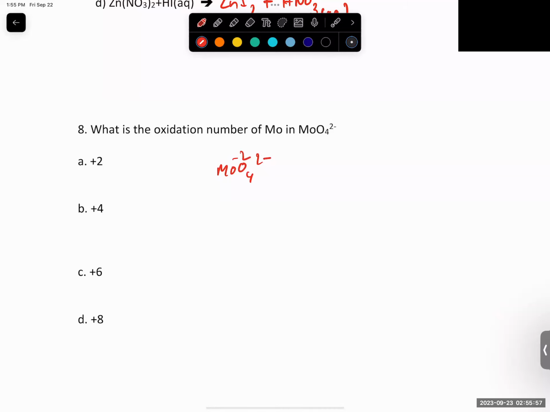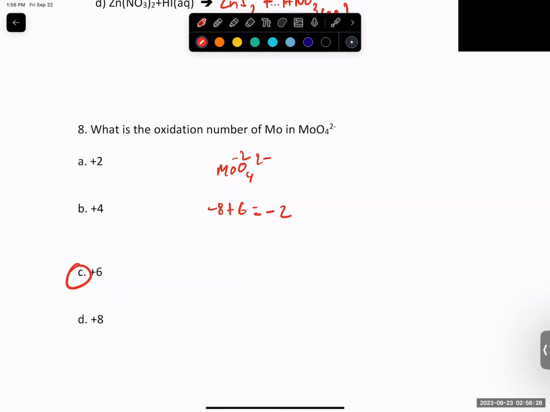What is molybdenum in this case? +6. Why is it +6? Because the oxygen is -8, and with +6 you get -2. Yeah, it has to add up to -2 basically, right? So you have -8 + 6, which equals -2. So the answer is C.